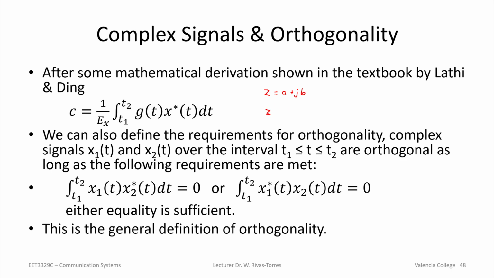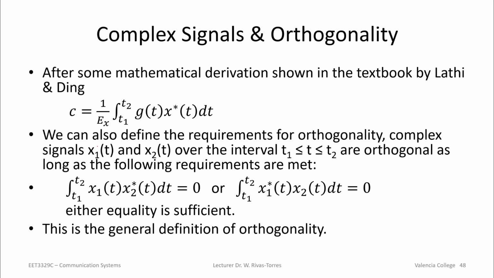So the conjugate of z, which we write as z with a little asterisk, would be a, and then you negate, so you would say a minus jb. The pen really doesn't want to cooperate today, but hopefully you guys get the idea.